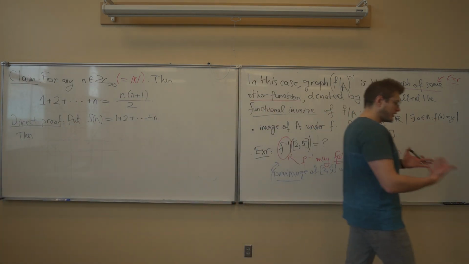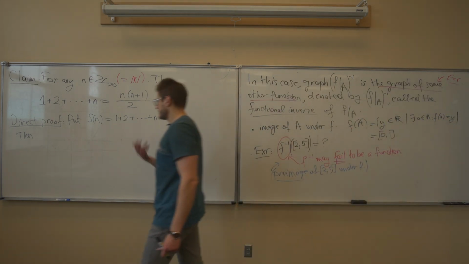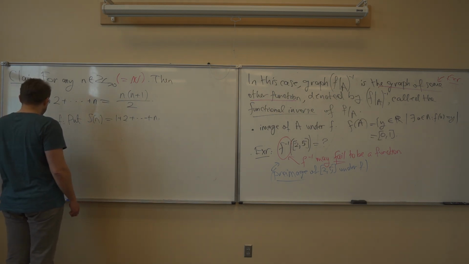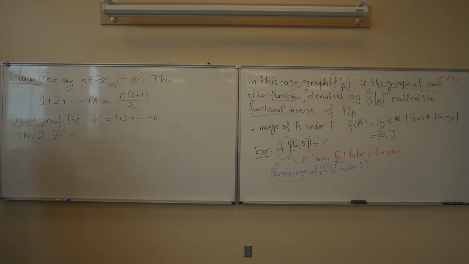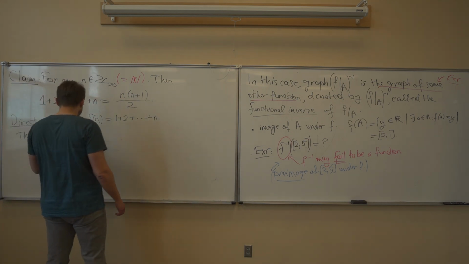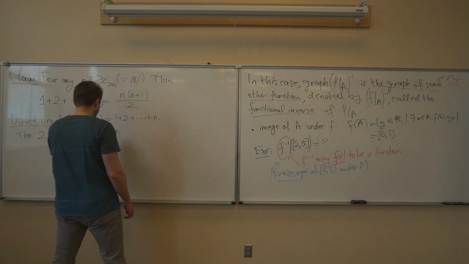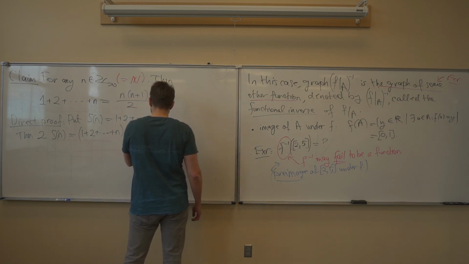You're going to be like, okay, so I understand that this is a valid proof, but how did you come up with these steps? And this is where math really starts building on top of logic. Then 2 times S of n is the following. Let me just write it. So this is the first S of n, 1 plus 2 plus dot dot dot plus n.